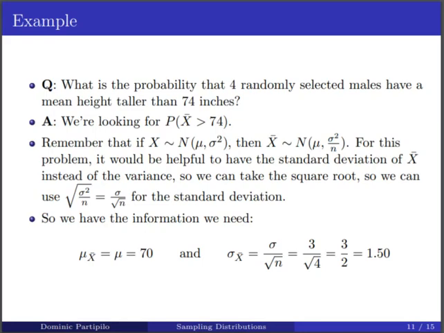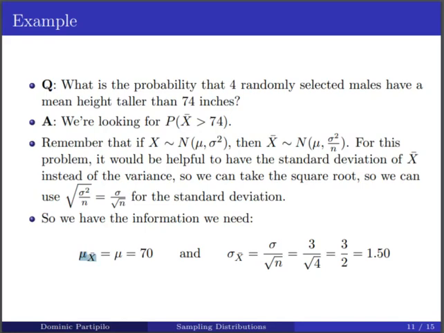And remember, to find this standard deviation, all we have to do is take the square root of the variance. So this was the variance of X bar, and if we take the square root of that, we'll end up with sigma over the square root of n. And that'll be our standard deviation of X bar. So now we have all the information we need to calculate this probability.